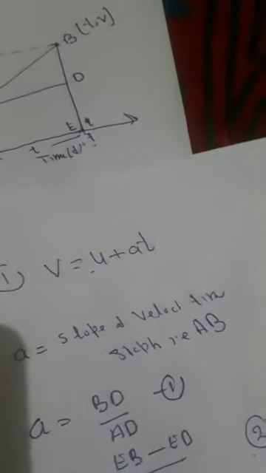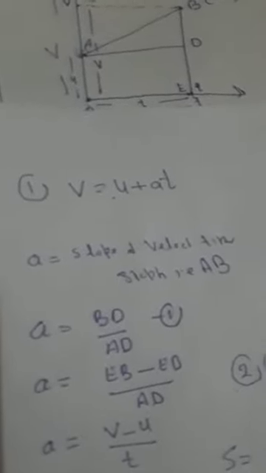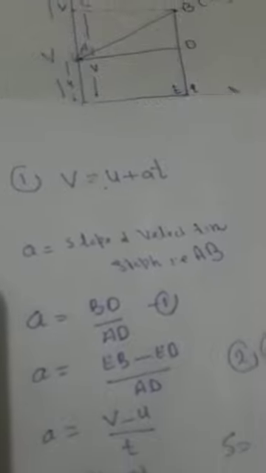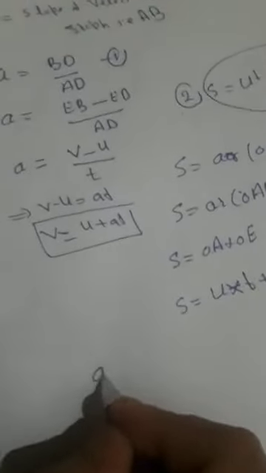Now, about BD. Now we can find out here BD. If you remember, acceleration is equal to the slope of the graph, that is BD divided by AD.